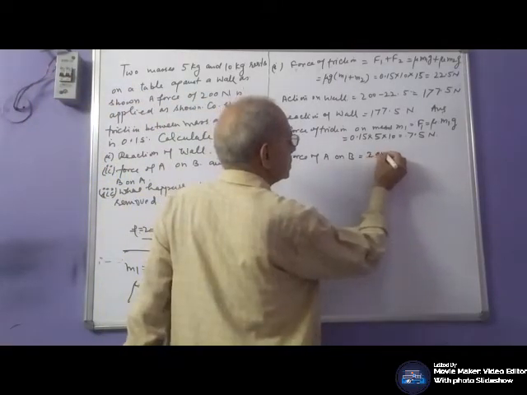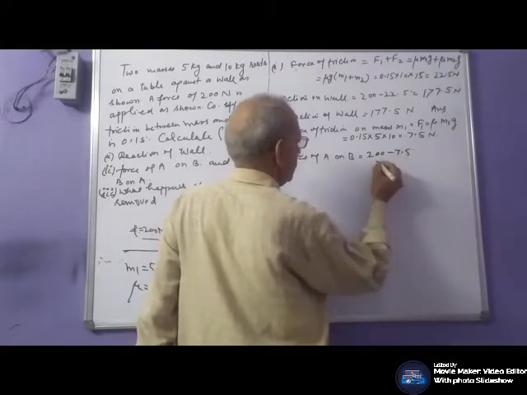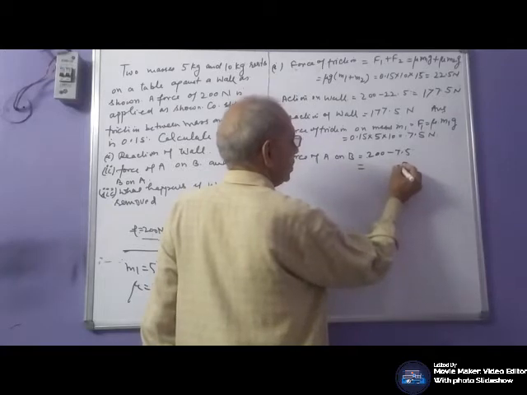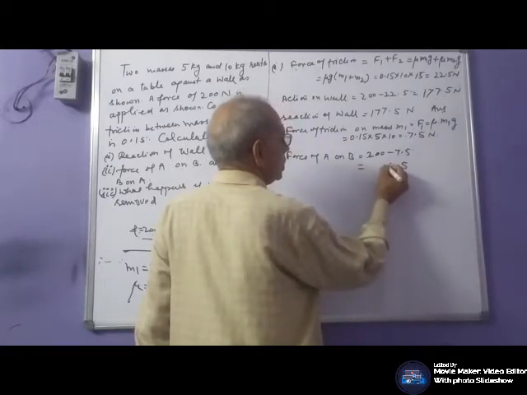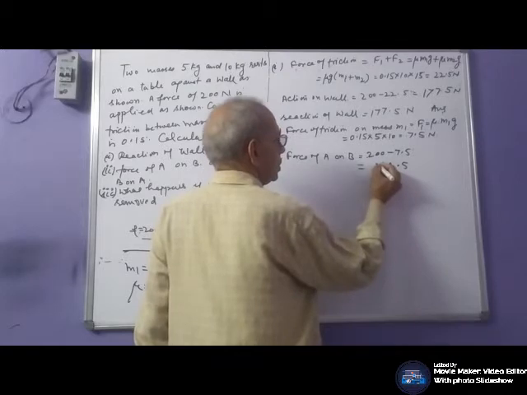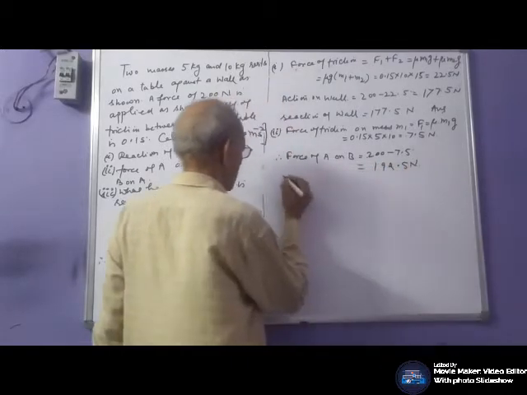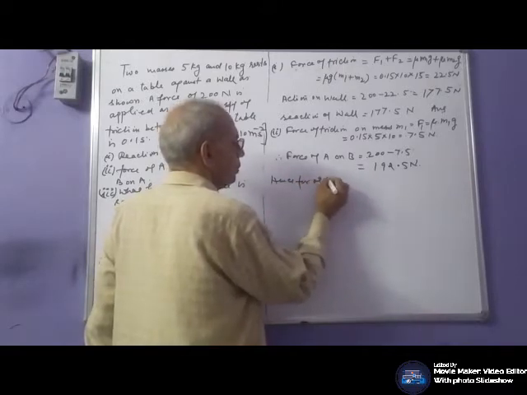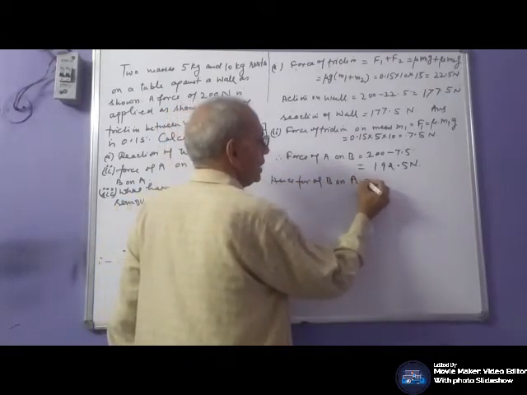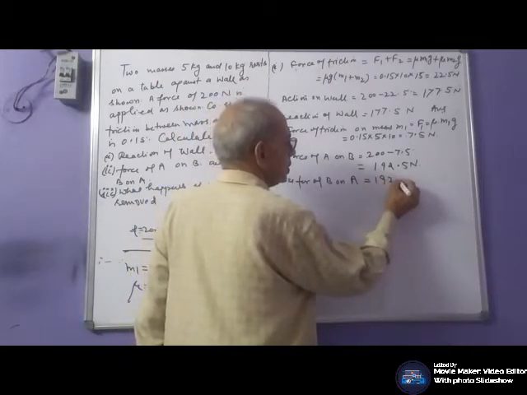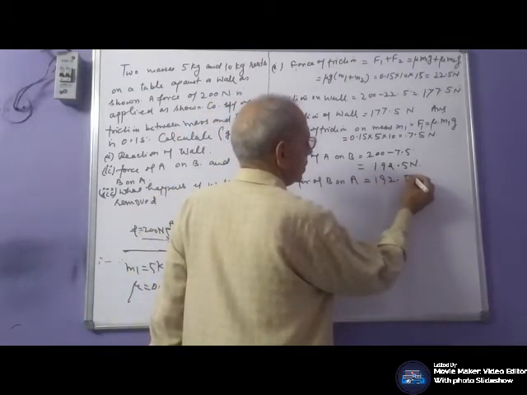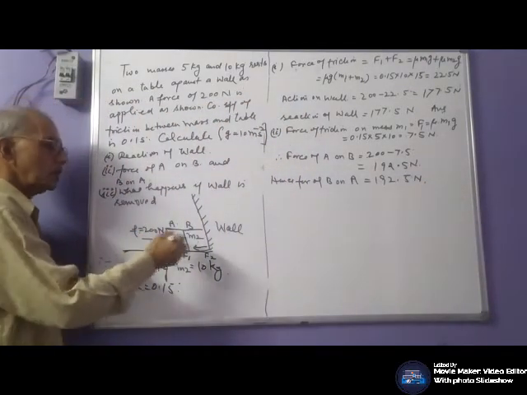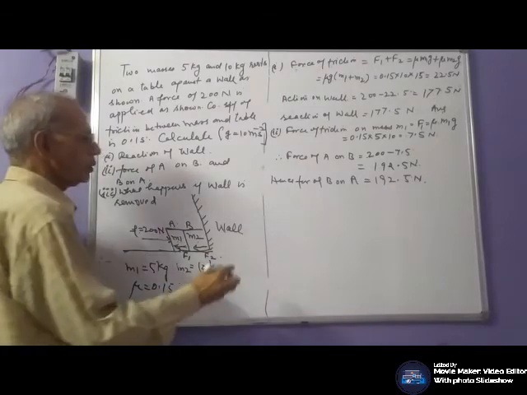So this is 200 minus 7.5, and it comes out to be 192.5 Newton. Hence, force of B on A. This is force of B on A. Action, reaction, equal and opposite.